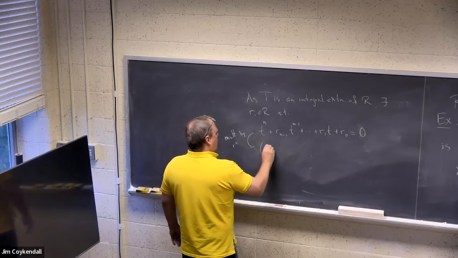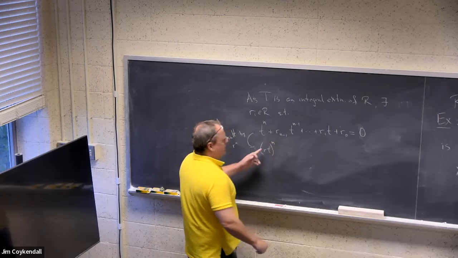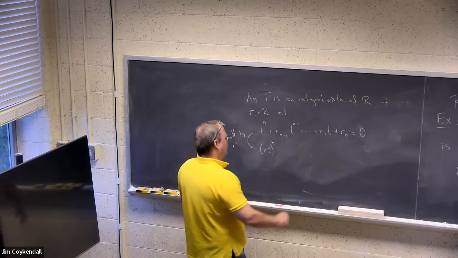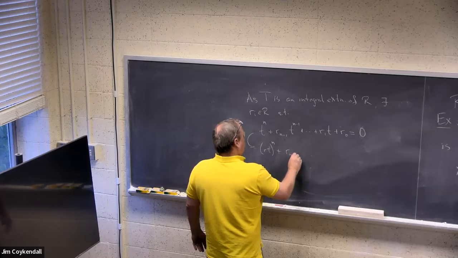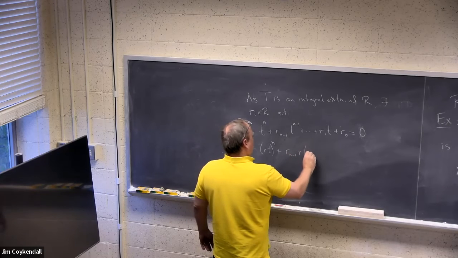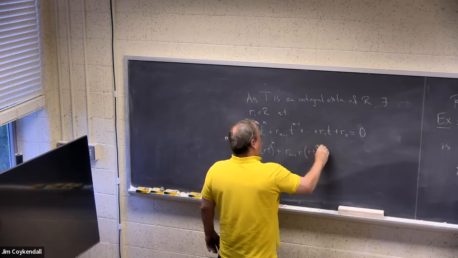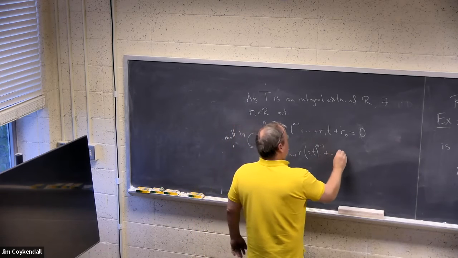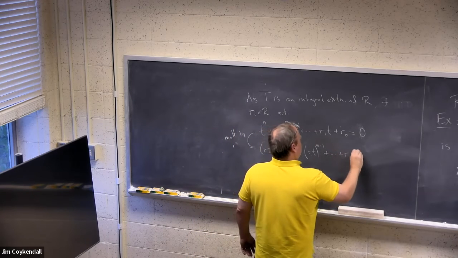So I get (rt)^n, and I'm going to have an r^n here. I only need n minus one of them to absorb into each term, and that balances out.